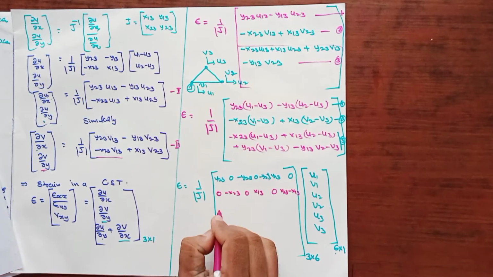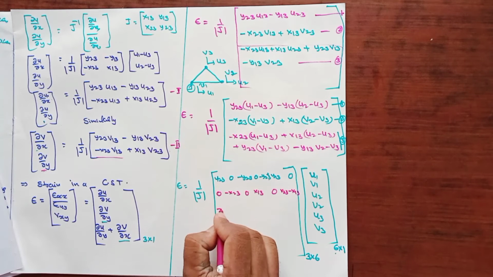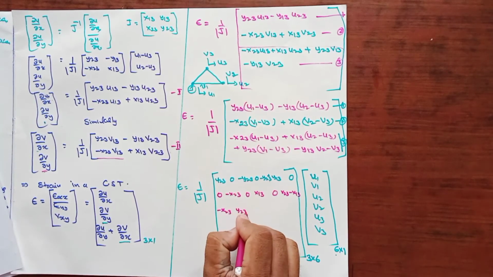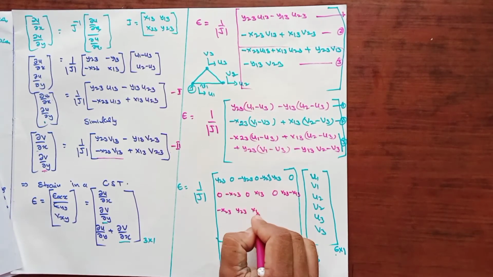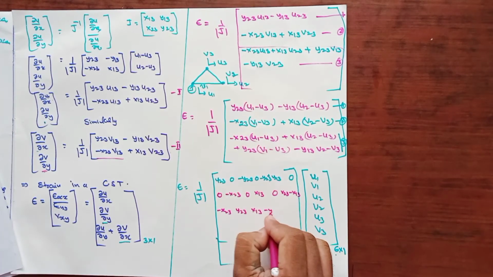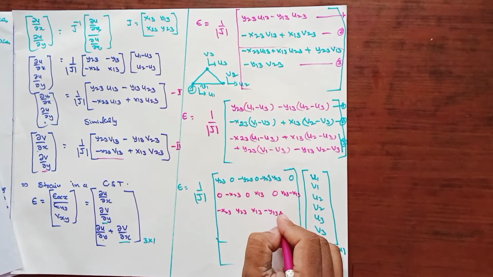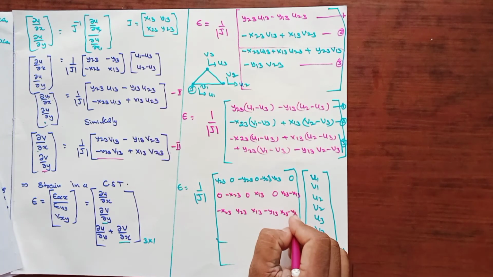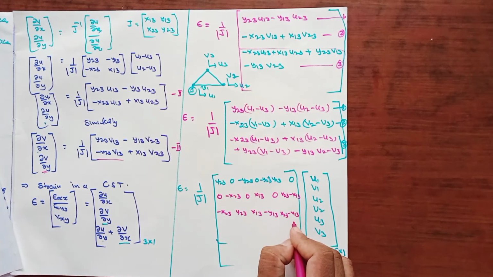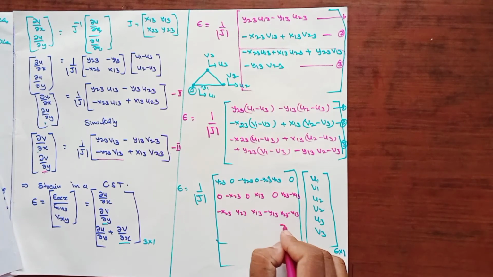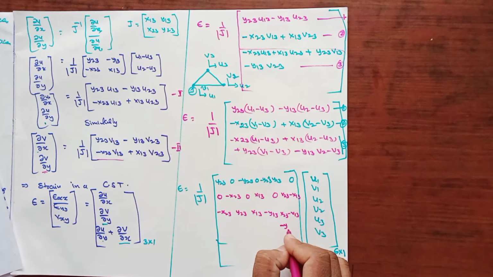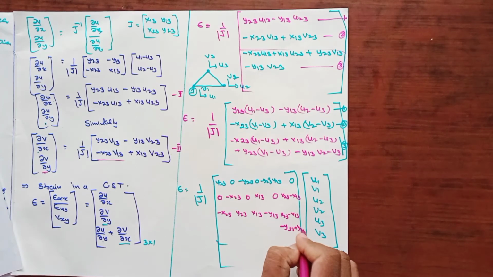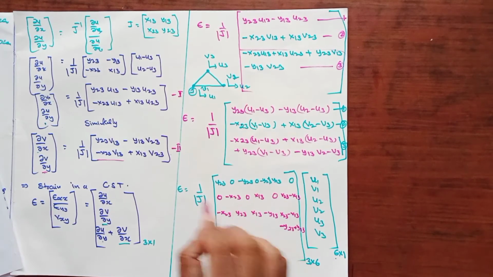Then the next row is minus x23 and y23, and x13 and minus y13, and the next one is x23 minus x13. The last element, due to space restriction, is y23 plus y13. So these are the 3 rows and 6 columns.